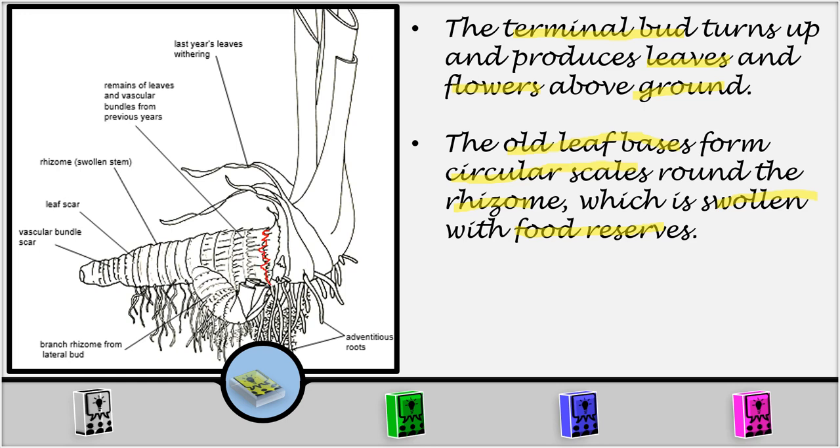Those are the circular scales that are left by the leaf base when they dry off. So you will see that the whole rhizome has got those circular scales around the rhizome. Those ones were for the old leaves that dried off. But you can see that the rhizome is swollen because it has got food reserve.